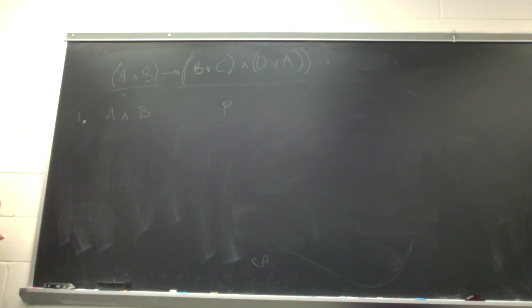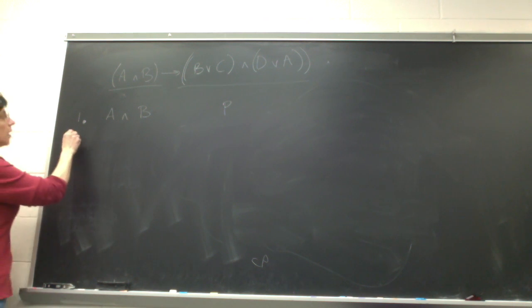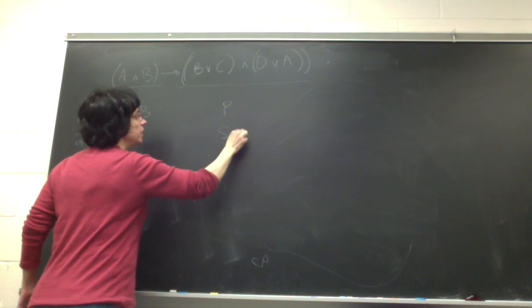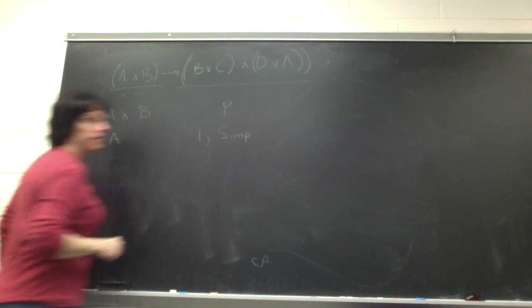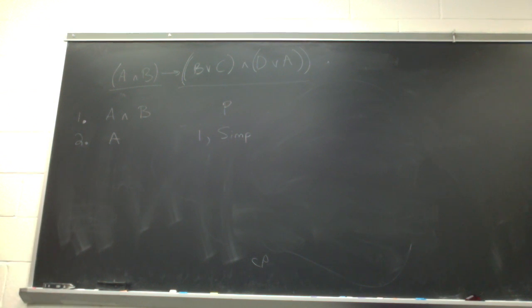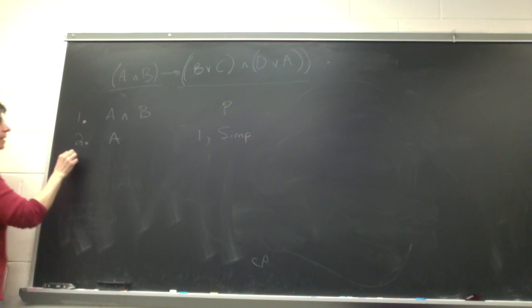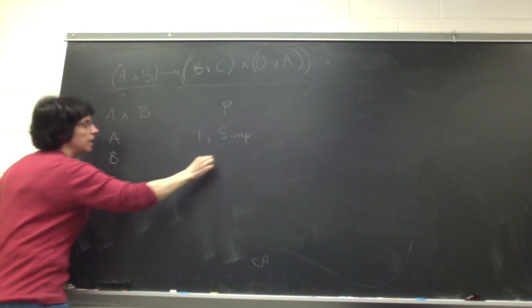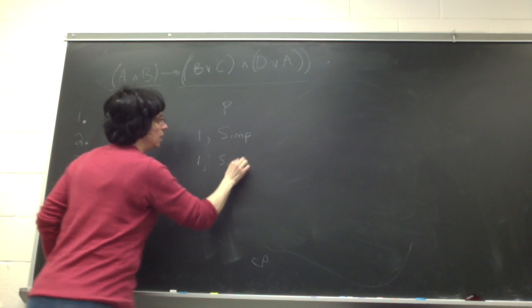Right? And if we have an and in our premise, the first thing we do is try to do the simplification. We want to just pull out anybody we can simplify. So that means we can get A based on line 1 in simplification, and we can get B based on line 1 in simplification.